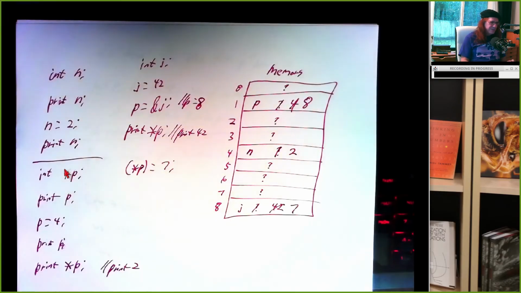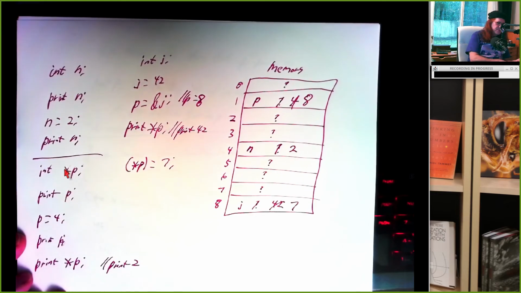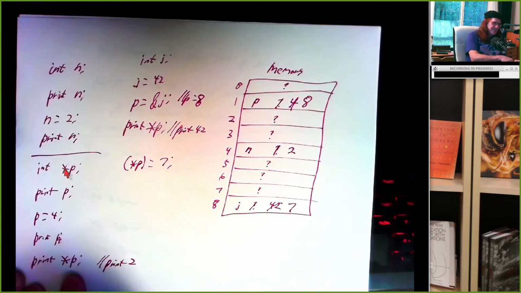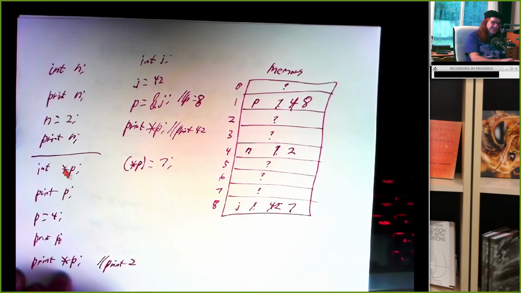Because, as we said over here, the real magic is going to come from the fact that eventually we're going to create variables on the fly while the program's running. And we're not going to be able to say, print I, for example. The only way we're going to get to some of our variables is by saying something like, hey, P is pointing to this variable. Let's see what it's pointing to and what's stored at that location.